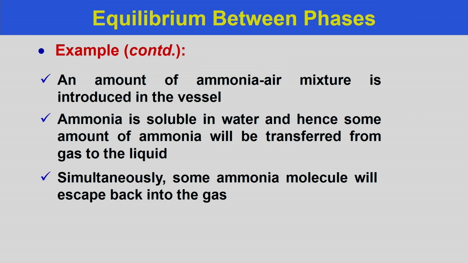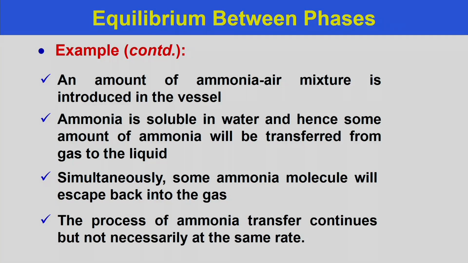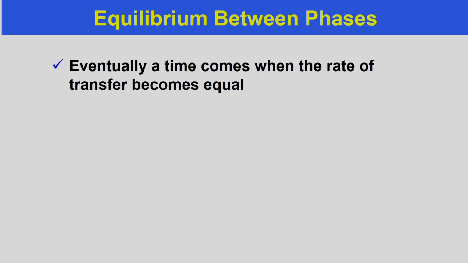Simultaneously, some ammonia molecules will escape back into the gas phase. The process of ammonia transfer continues, but not necessarily at the same rate. This process will continue for a certain period of time, and a time will come when the rate of transfer becomes equal.